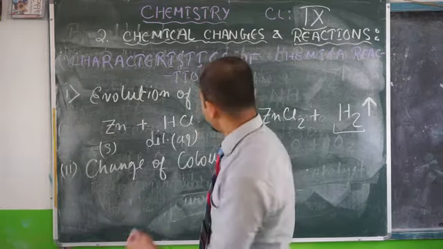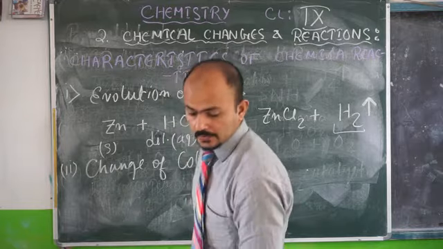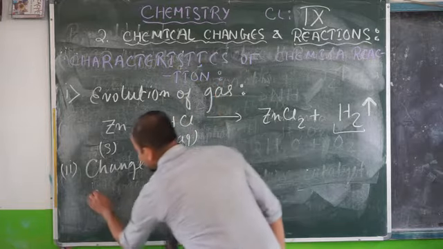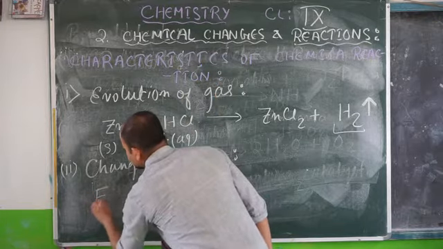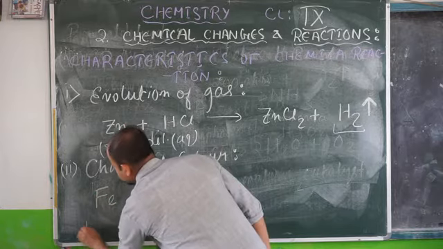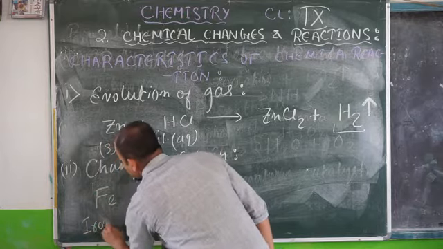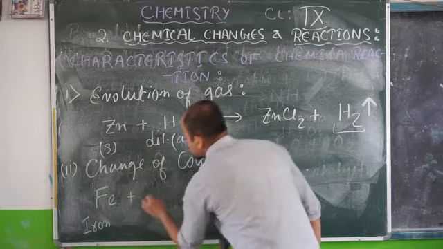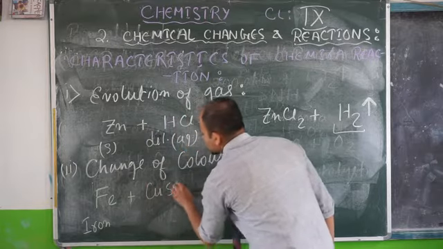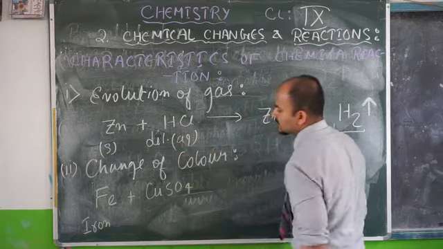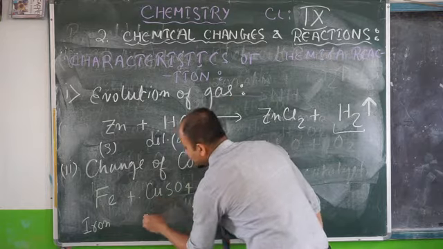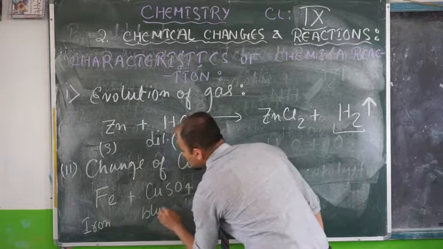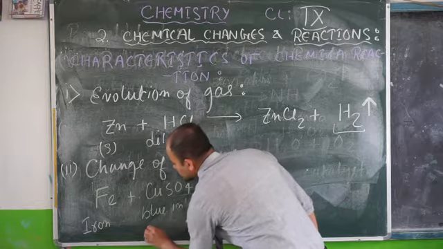So, Fe means iron. When it reacts with copper sulfate, and this is blue in color.